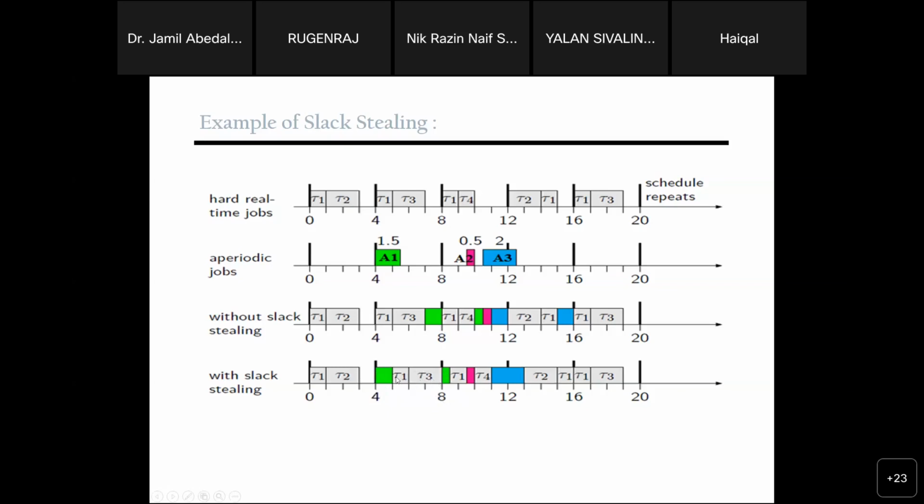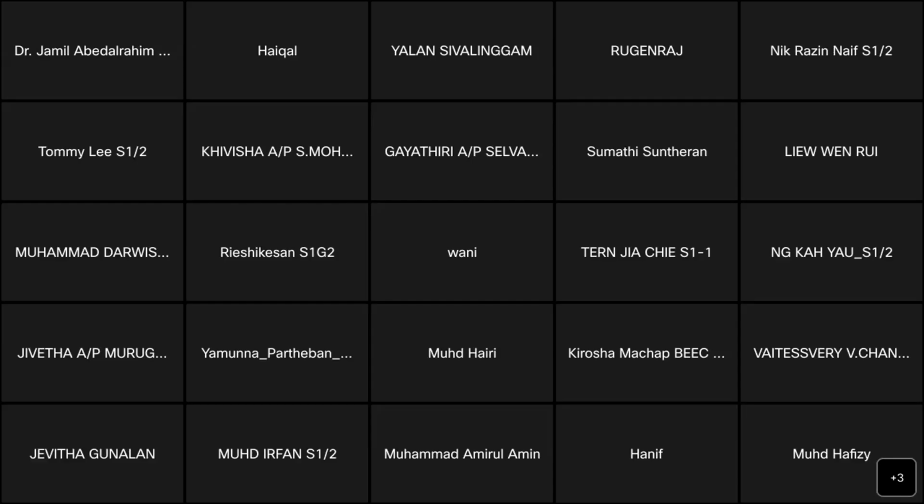As you see here, it exactly fits for aperiodic task 1 and task 3. So we must focus on that to not let the periodic job exceed their deadline. Let me give you the example and you will understand more now.